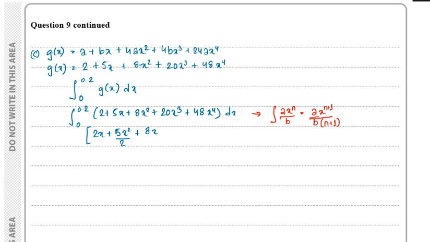So n plus 1 would be 2 plus 1, 3, divided by 3, plus 20. Here n is equal to 3. So n plus 1 would be 4, divided by 4, plus 48. Here n is 4, so x to the n plus 1 would be 4 plus 1, so 5, divided by 5. And this will be from 0.2 to 0.